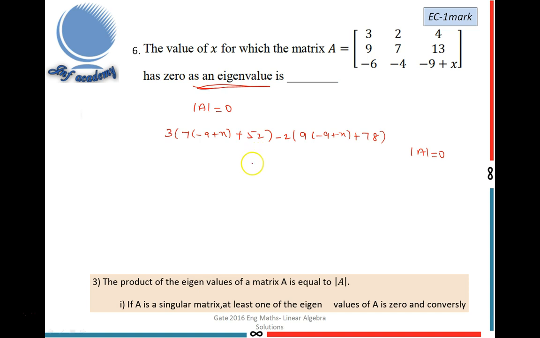Third term, plus 4 into minus 36 plus 42 equals 0. Solve this equation by multiplying all the numbers and separating the x term. We get 3x minus 3 equals 0, 3x equals 3, x equals 1. Answer is 1.